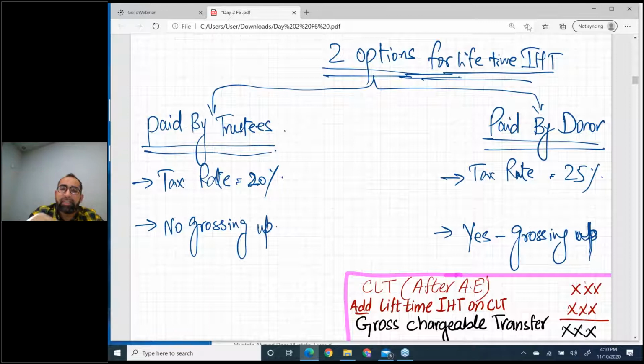If the trustee pays this first installment, then the tax rate to be used is 20%, and there is no need of grossing up. Okay, if lifetime IHT is paid by trustees, then you have to use the 20% rate for the calculation of lifetime IHT, and no grossing up is required. But there is one more option, my dear.